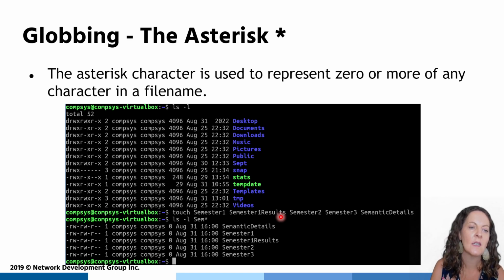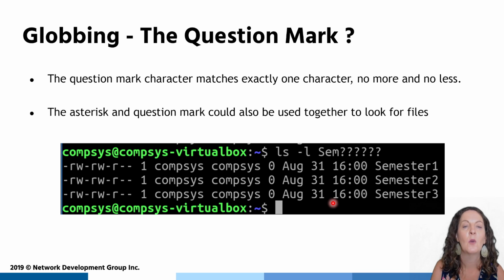If you decided that actually, I only want to find out how many of the files we have called semester 1, semester 2, semester 3, so maybe it just has the word semester in it, or the word results, or the word details, you can be more specific in your searches. One way is to use the question mark.